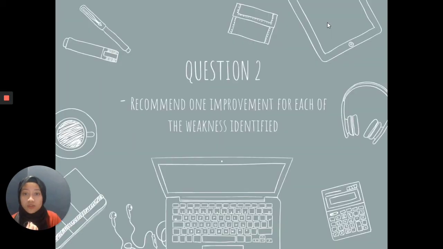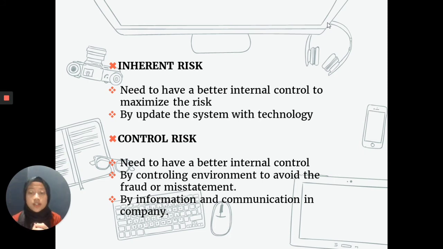So next we move to the second question: to make one improvement for each weakness identified. We start with inherent risk. We need to have better internal control to minimize the risk, since they involve humans heavily.